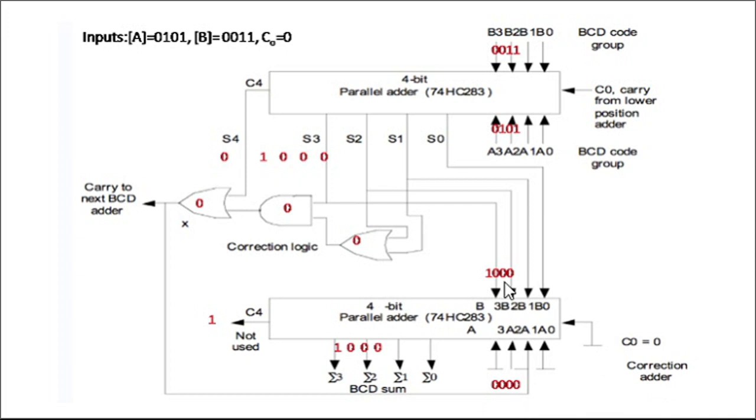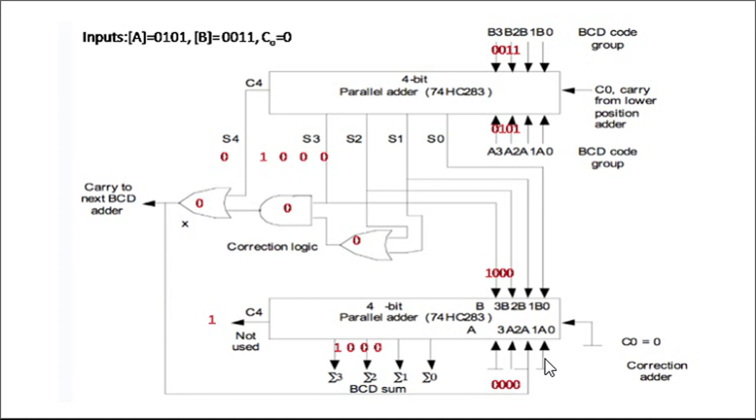Then what will happen? Again the addition is the same. After S1 and S2, the OR operation again gives 0. The AND operation again gives 0. The XOR operation again gives 0.